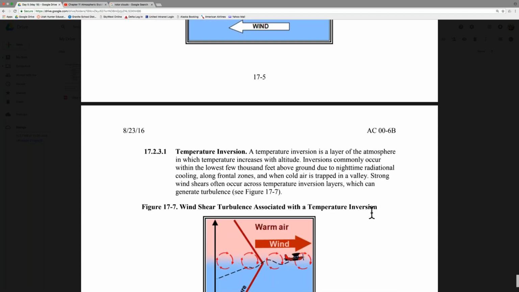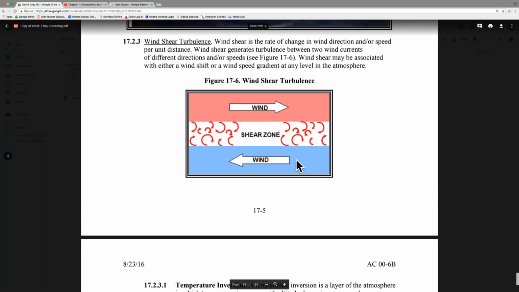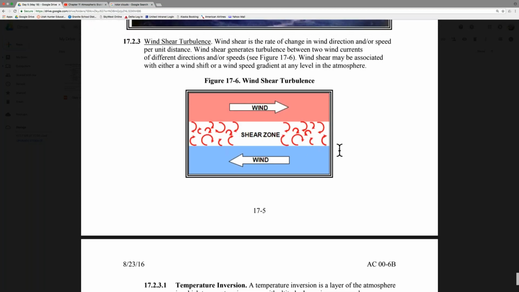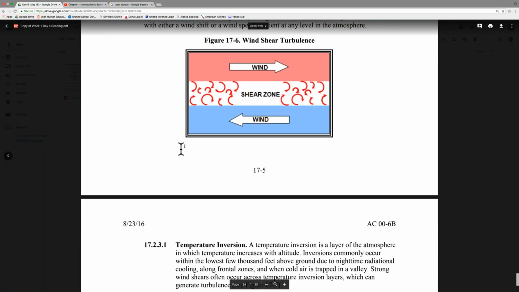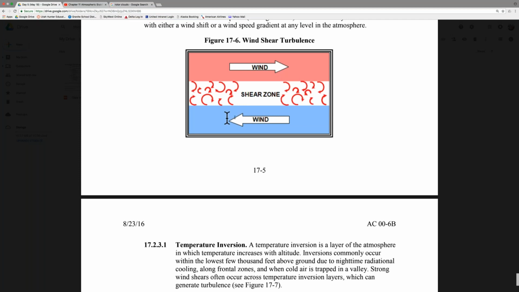Once it hits that, you may have wind direction and speed shifts of 10, 15 knots, going from a direct headwind to a direct tailwind, which will push the aircraft down into the ground. So very dangerous stuff.